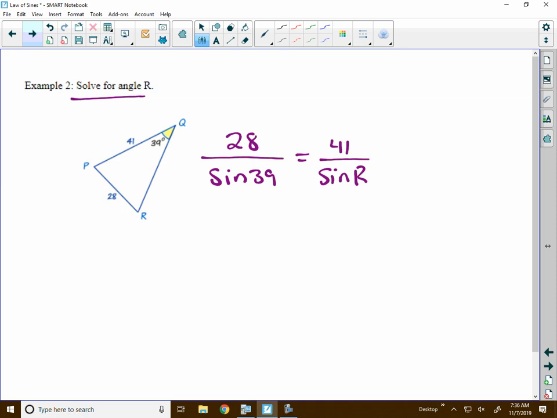And this is different because we're solving for an angle. So I believe it'll have like one extra step, but it's not too complicated. All right, so let's cross multiply.